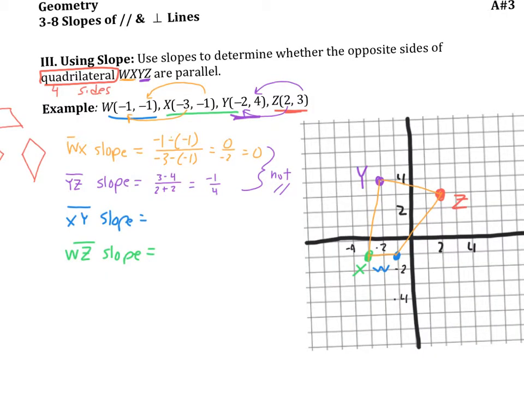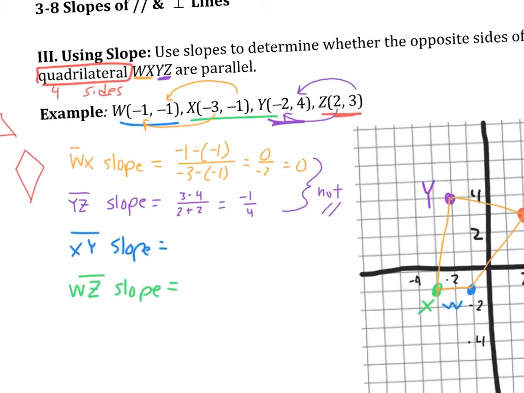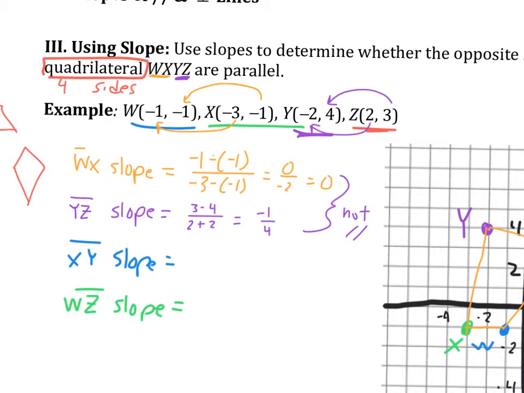Let's find the slopes of XY and WZ. So XY would be 4, sorry, wrong place. Sorry, that's not right.